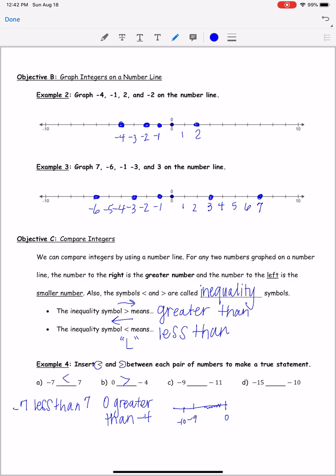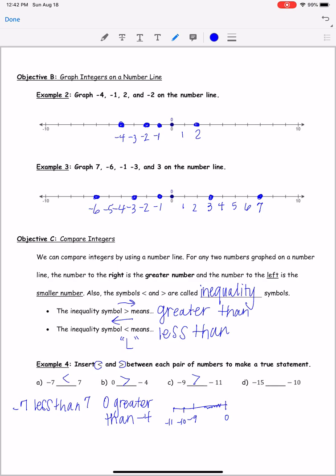We've got -10. We've got -11. Remember, the further we go to the left, the smaller those numbers are getting. So actually, -9 is the bigger number in this problem. So we're going to eat that -9. And again, thinking money, would you rather owe somebody $9 or would you rather owe somebody $11?